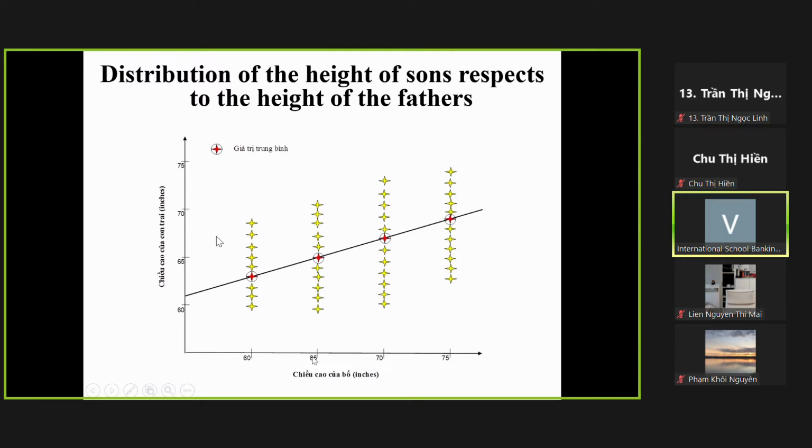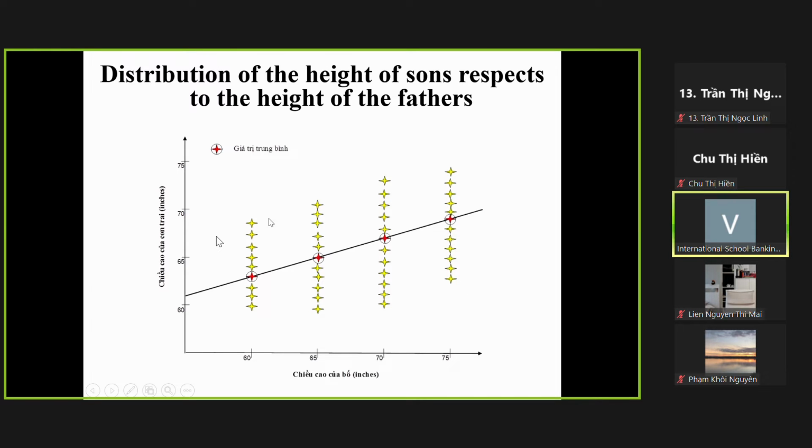The second group consists of fathers with height greater than 60 and less than or equal to 65. The third group has heights from 65 to 70 inches, and the last group are all the fathers with heights from 70 to 75 inches. So all the 50 fathers were divided into 4 groups like this.